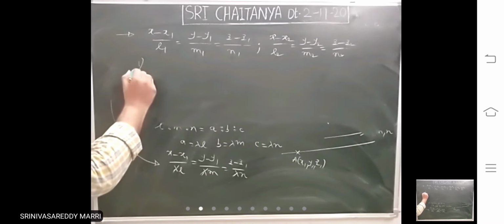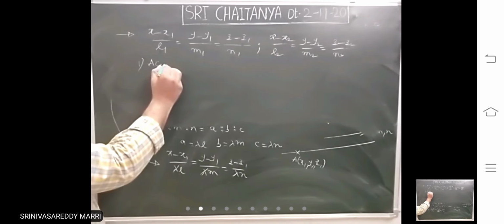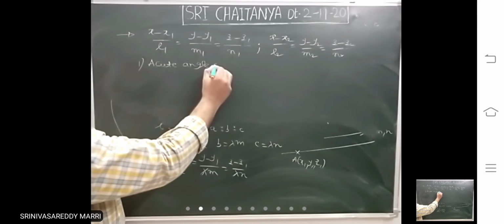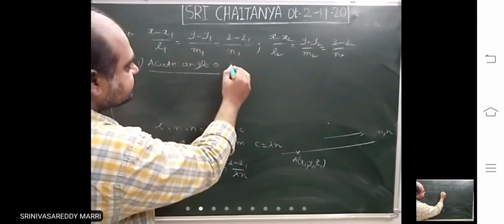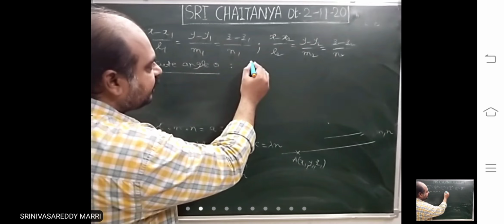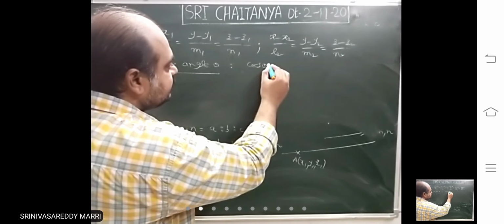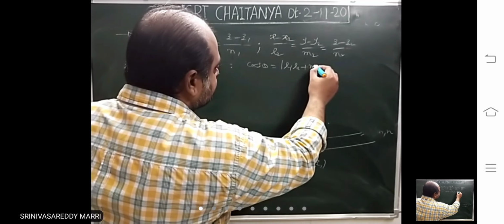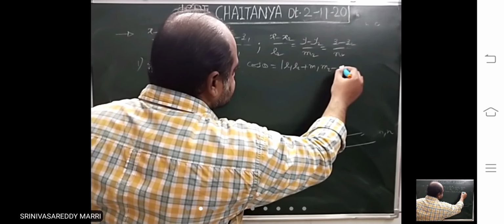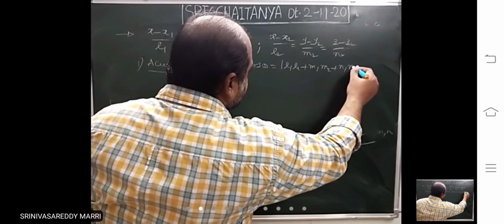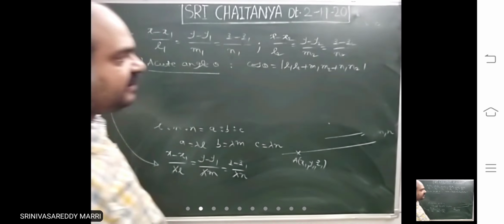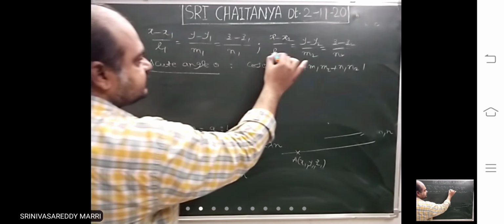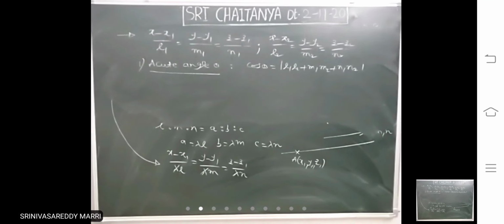Now, number one, the acute angle theta. If DCs are known, what is the formula? The same formula will be there: l1 l2 plus m1 m2 plus n1 n2. If DCs are known, this is the formula.